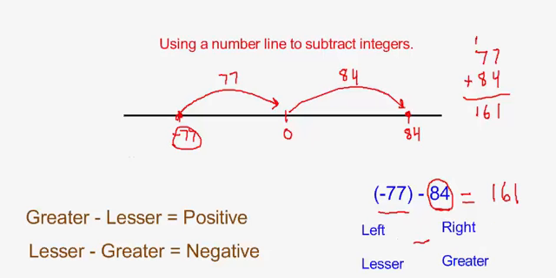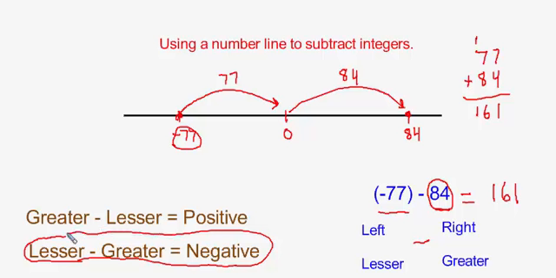So when you do left minus right, you are doing a number lesser in value subtract a number greater in value, and whenever you do that, a lesser number minus a greater number always gives you a negative result. So I know that my answer should have been negative 161.